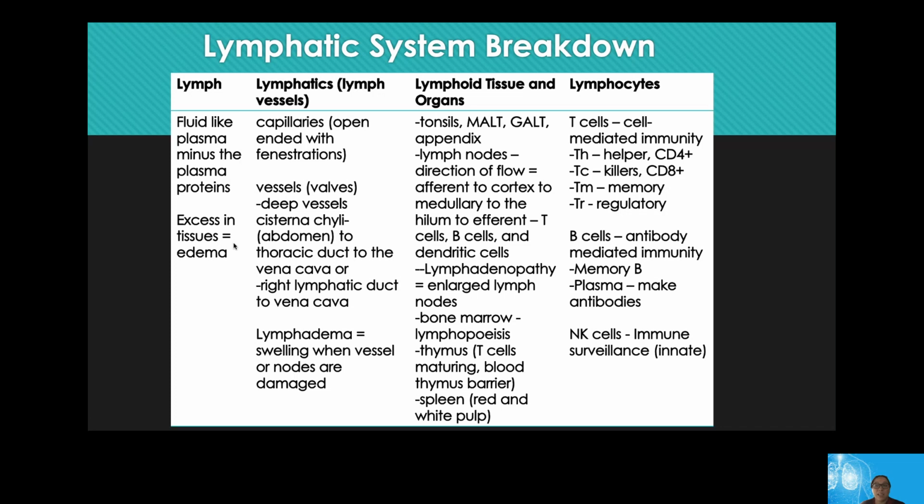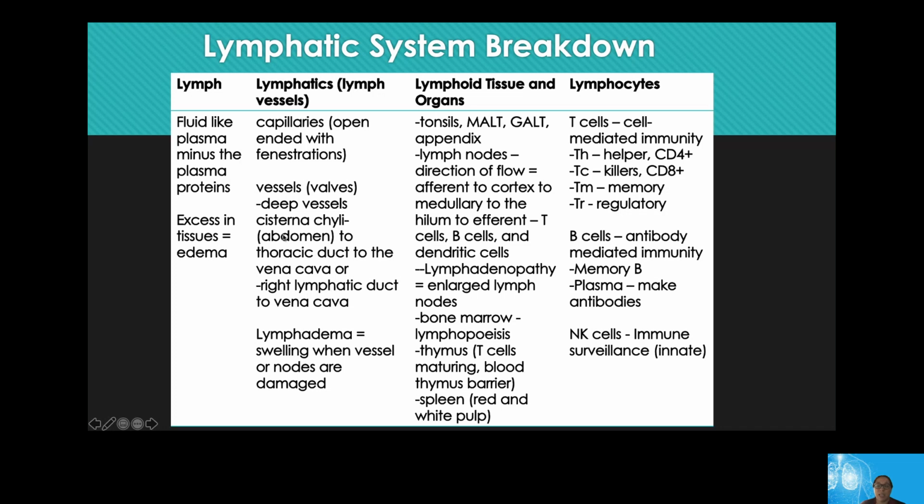That is located in the abdomen, but it collects from the lower legs as well as your abdominal organs. Then those together work towards the thoracic duct and drain with the left side of the body into the subclavian vein, which immediately goes into the vena cava. So these are draining into regions of your blood flow where the resistance is low, so there's not a lot of backflow. The right lymphatic duct, though, is responsible for draining the right part of the face as well as the right upper torso and arm.